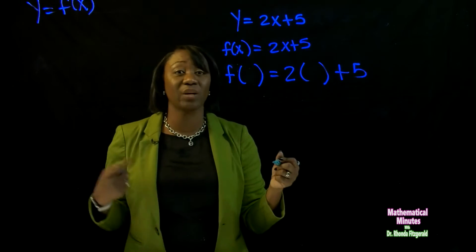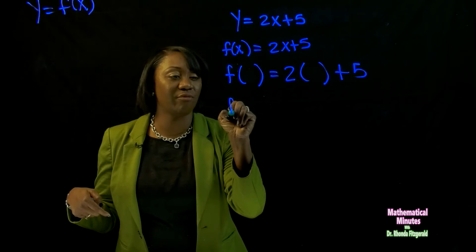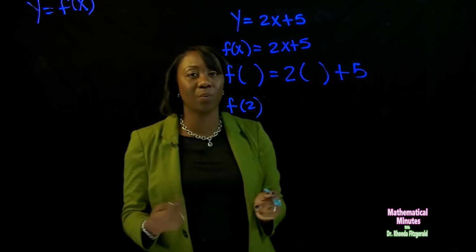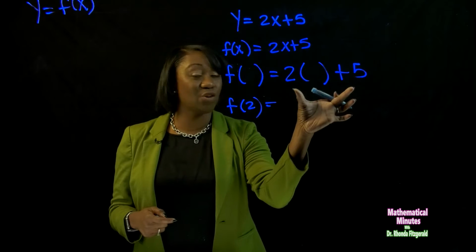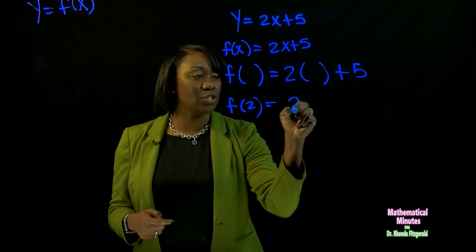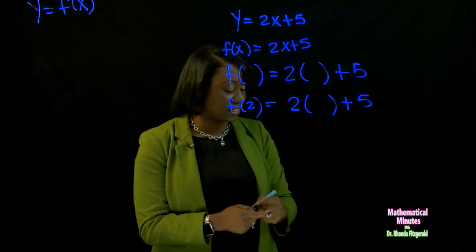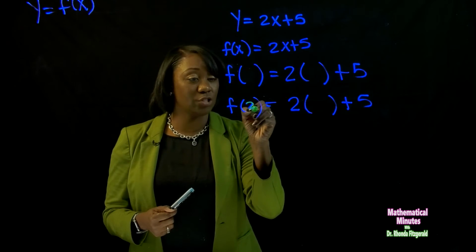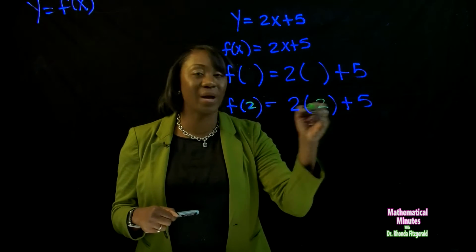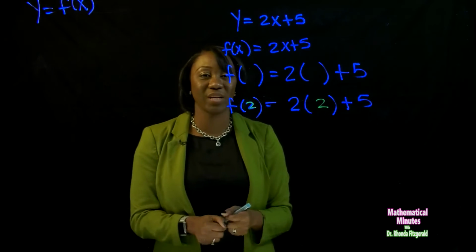So now I actually want to find the value f of 2. Well, what all this says to do is to rewrite this side, 2 blank plus 5. And in this case, since I'm looking for f of 2, I'm just going to put a 2 in my parentheses. And what does this actually equal?